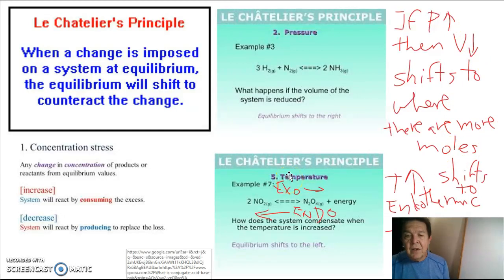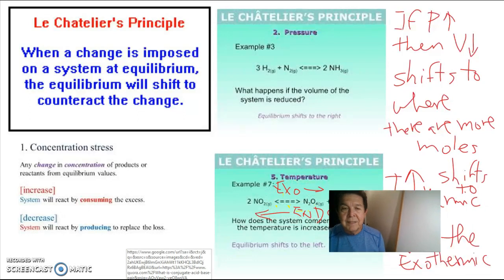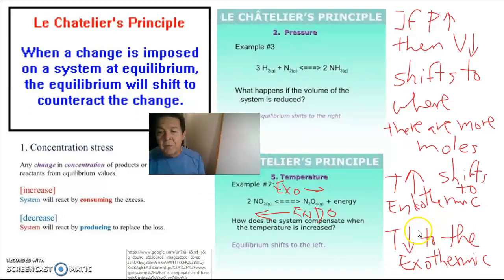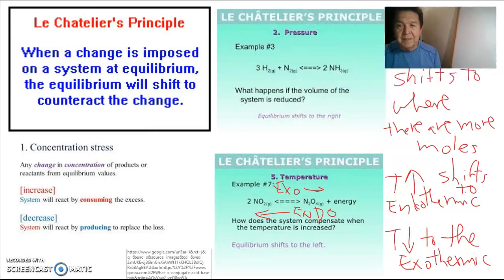In the case of an exothermic reaction, the opposite reaction will be the endothermic. If you increase the temperature, it will shift to the endothermic reaction direction. And the opposite, if we decrease the temperature, the process will shift where the exothermic reaction is.